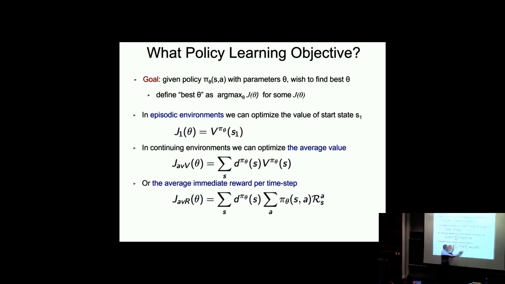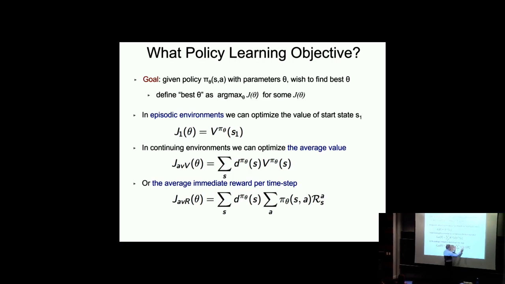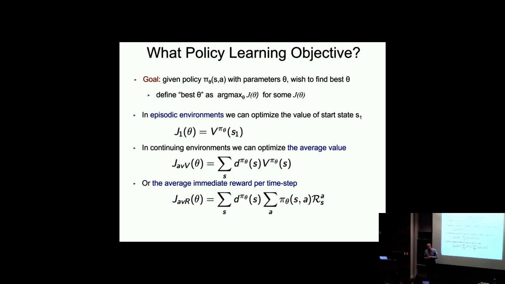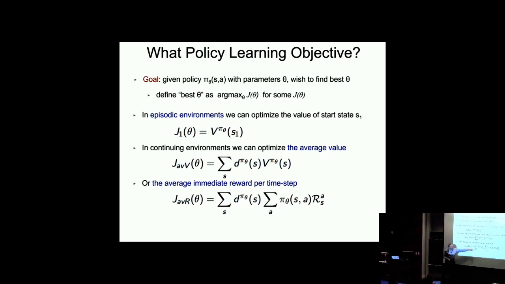This is actually an expected value over actions under the policy of the immediate reward. So this quantity is basically giving us the average reward per step.